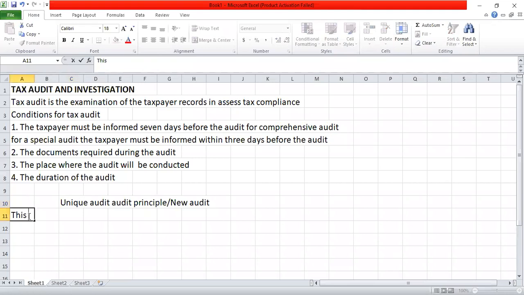So this is when the taxpayer is audited more than once.